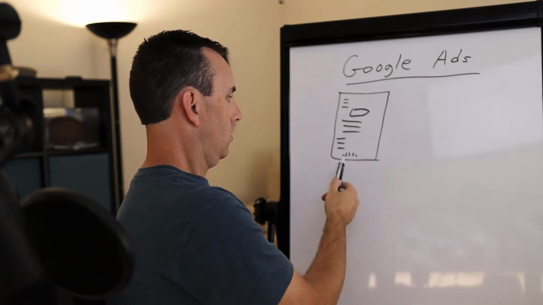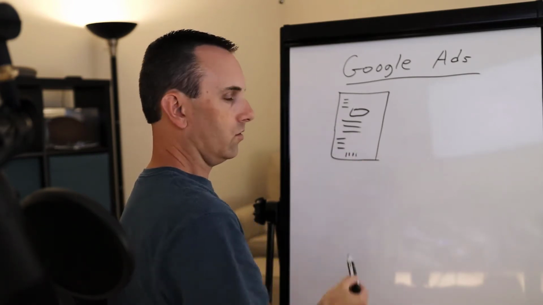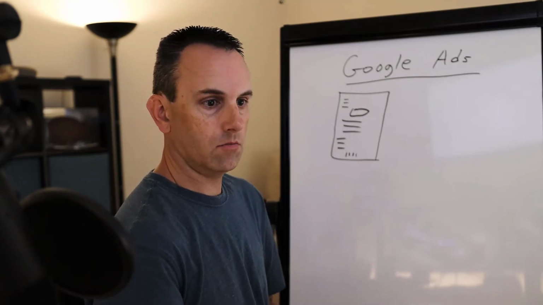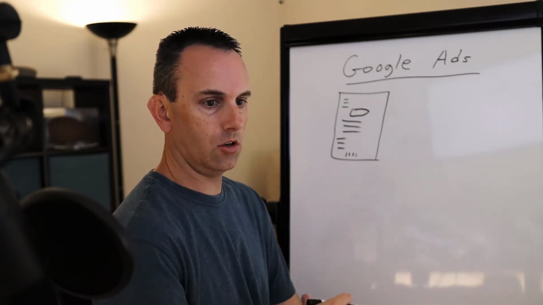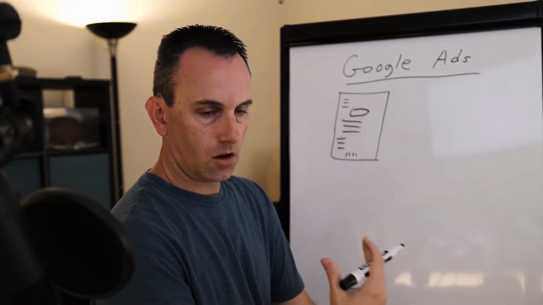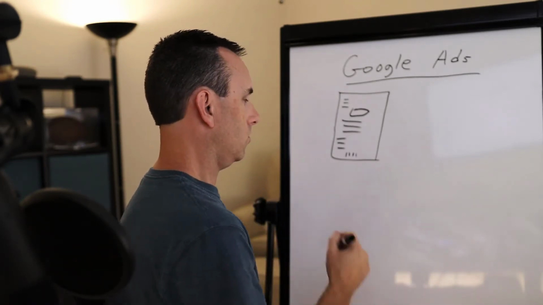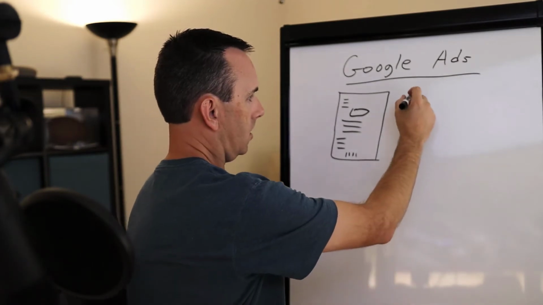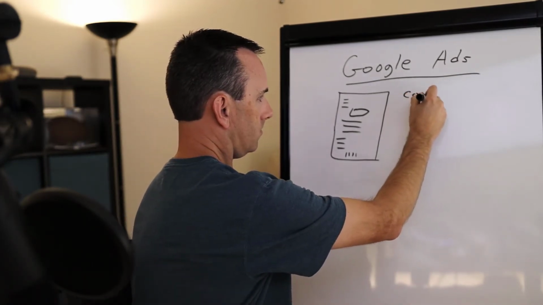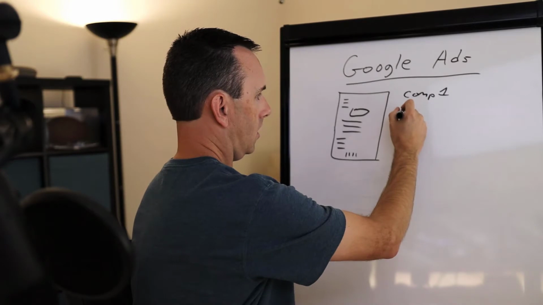So the way Google works is it's an auction. People don't realize this, but every time you do a Google search, you are entering yourself into an auction. So you have competitor 1 and competitor 2.